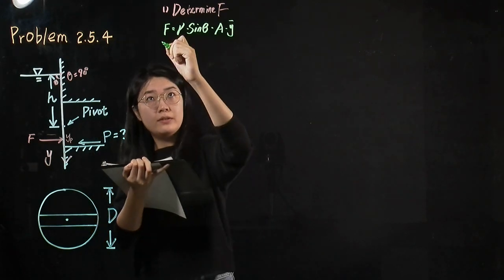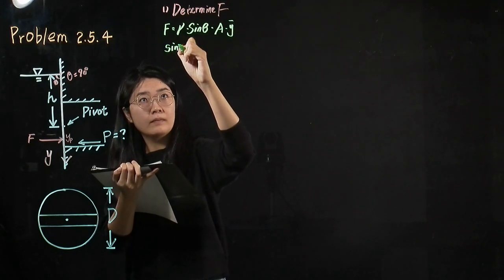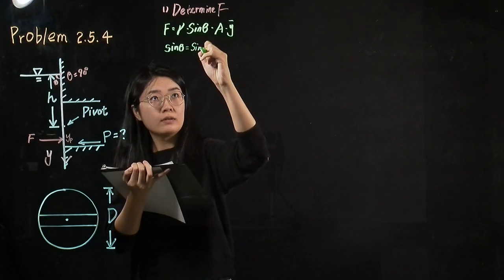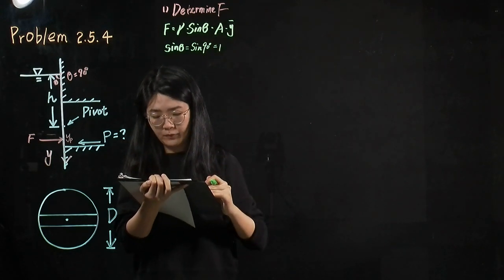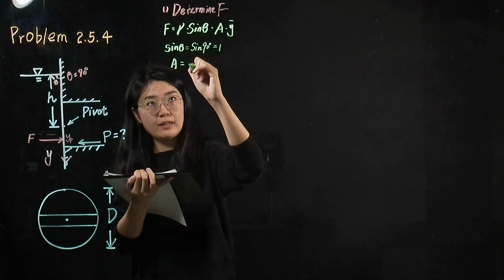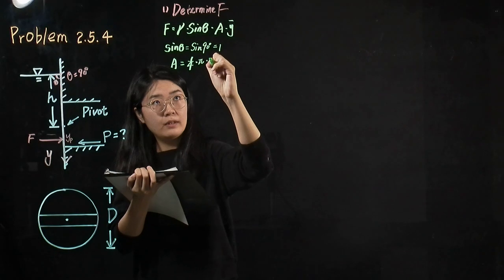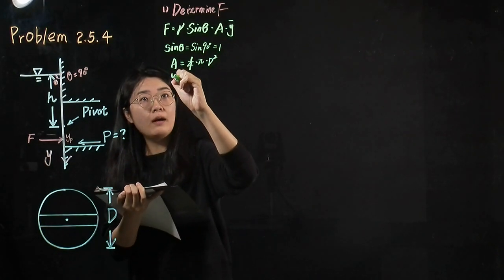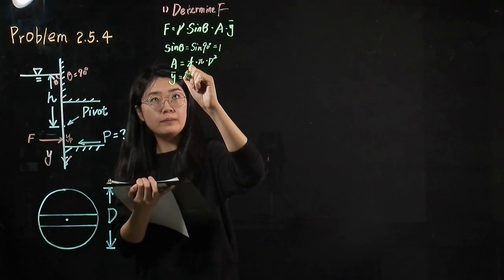Because sine theta, sine 90 degrees, equals 1, and the area of the circular gate is 1/4 times pi times d squared, and the y bar here is equal to h.